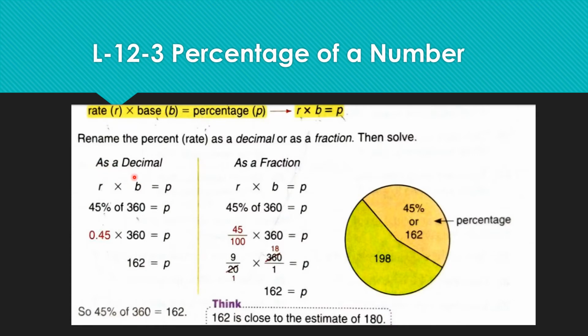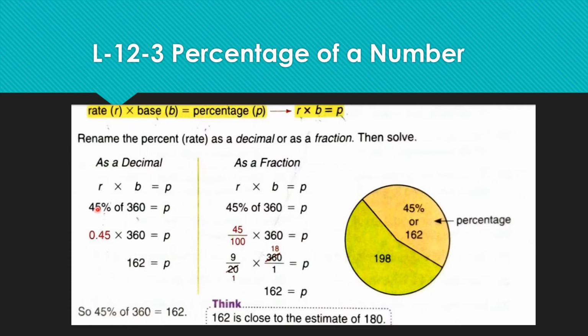R means the percent rate, B is your actual value, and P is your percentage or a part.